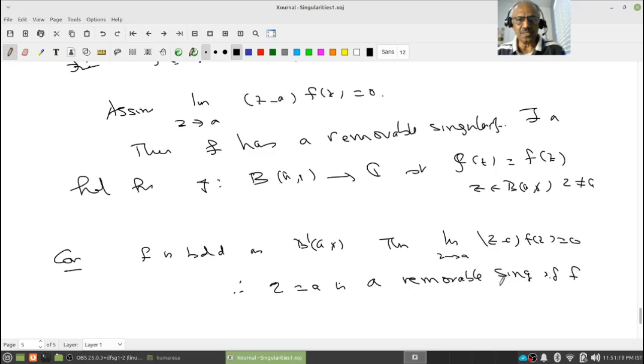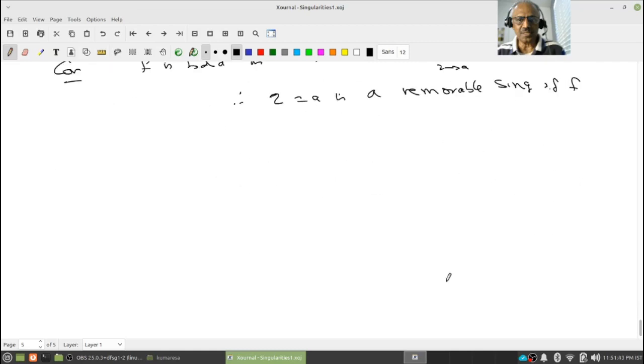So these are the two easy ways of working with removable singularity. Either limit z tends to a of (z minus a) f of z is 0, that is the strongest one. But a weaker thing is if f is bounded in a deleted neighborhood, that is in a punctured disk around a, then also z equal to a is a removable singularity. Okay, let us go through the proof.